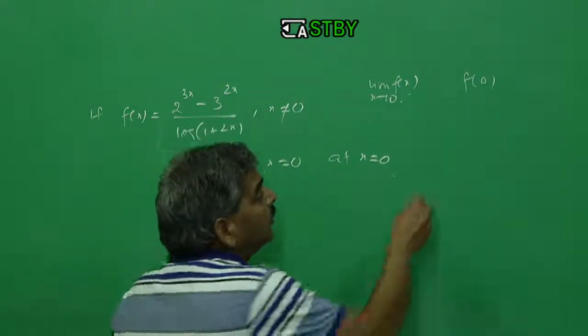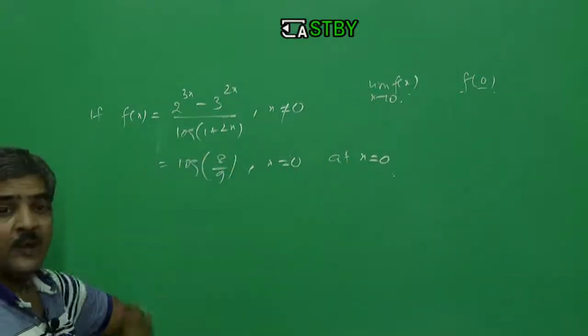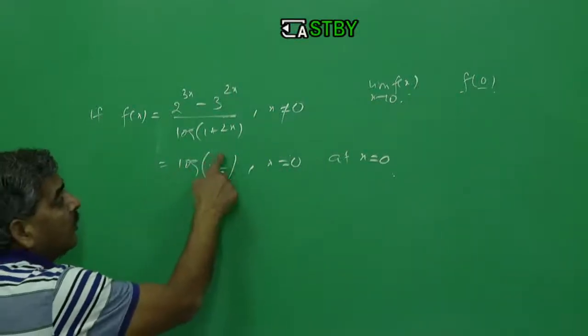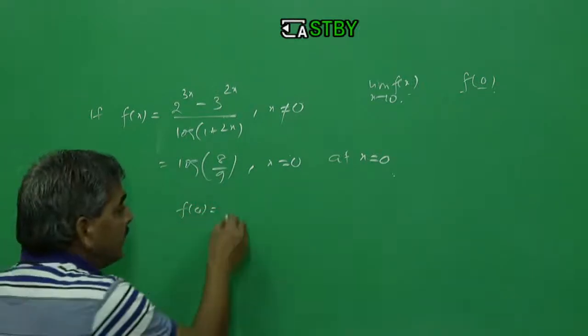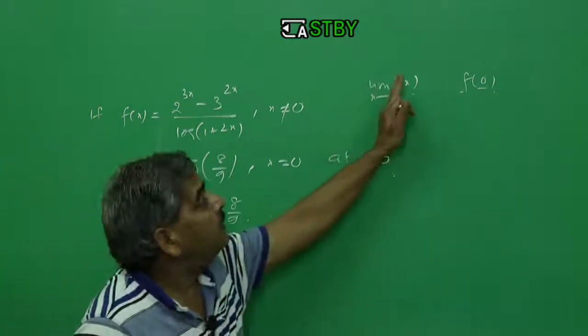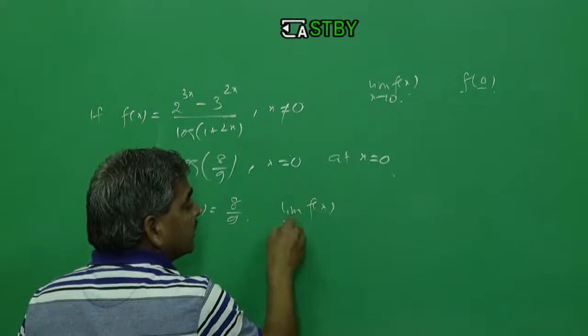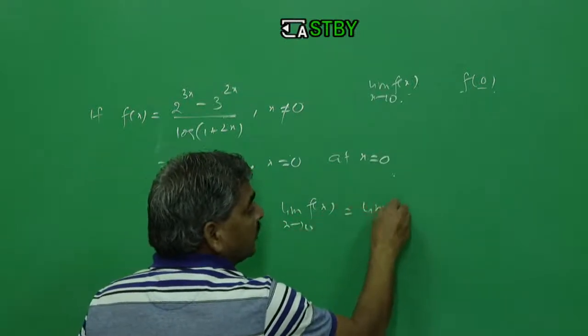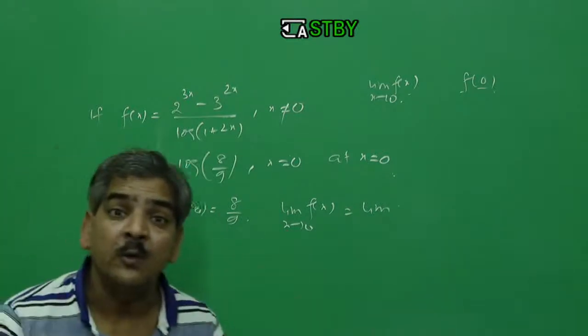अब value of the function at 0, when x is equal to 0, value of the function is how much? Log of 8 upon 9. So value of the function at 0 is log of 8 upon 9. Very fine. Now can I calculate limit of the function? Yes, limit of f of x as x tends to 0, that is equal to limit as x tends to 0, meaning x is not equal to 0.